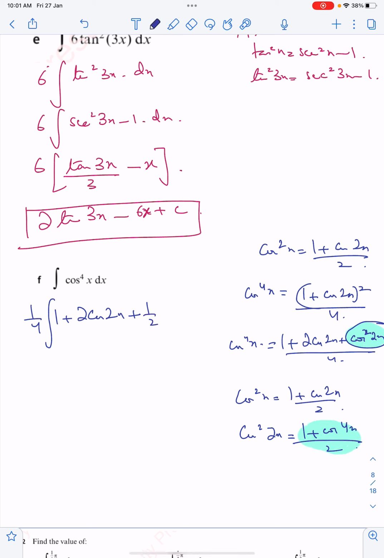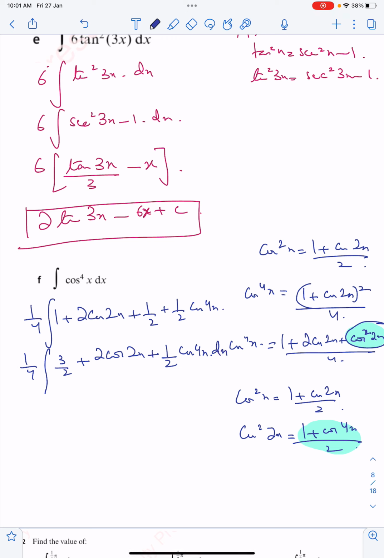So it's half plus 1 upon 2 cos of 4x. Okay, I've done this question previously a few minutes back. 1 plus half is 3 upon 2. So I can write 3 upon 2 plus 2 cos 2x plus half cos 4x dx.